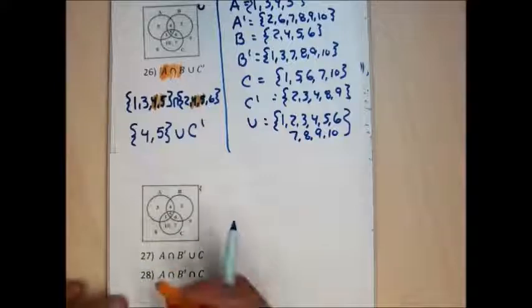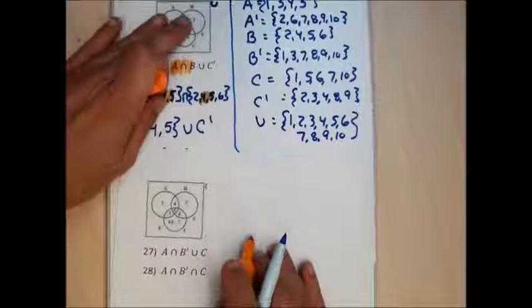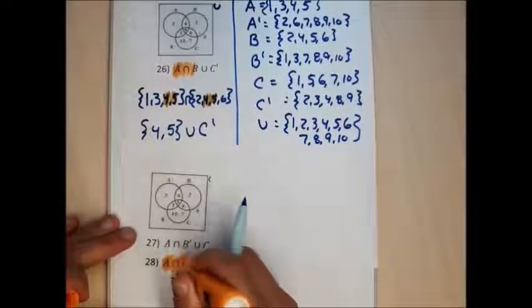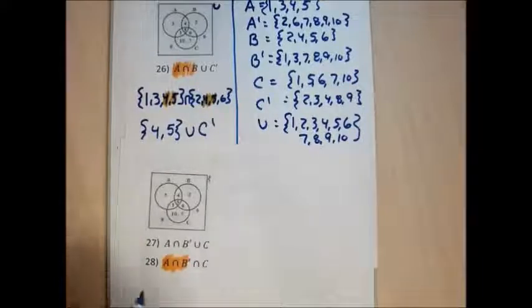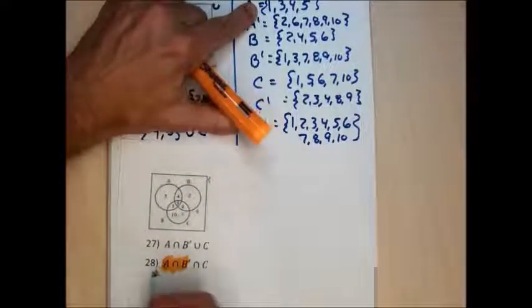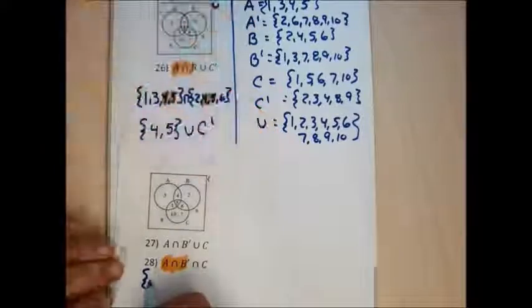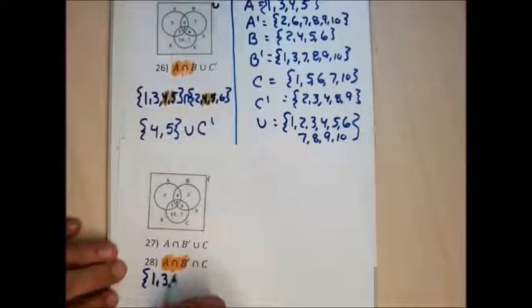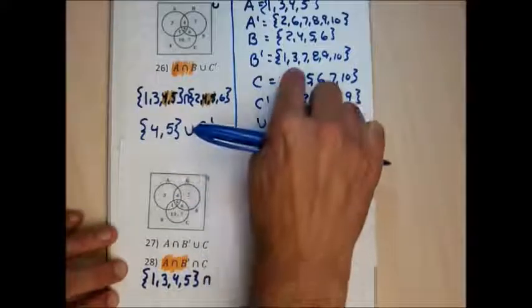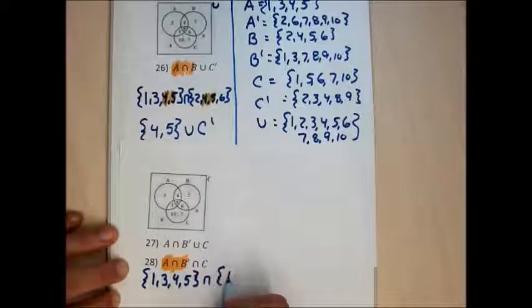And in 28, the first thing I'm going to do is A intersection B complement. To do A intersection B complement, I take the A set that contains the numbers 1, 3, 4, and 5. I intersect that with the B complement set, which is a set containing 1, 3, 7, 8, 9, and 10.